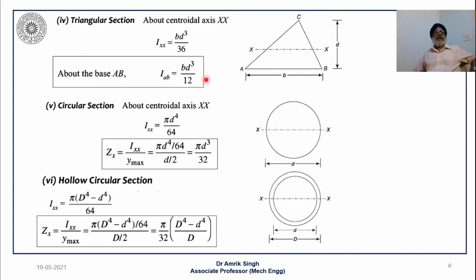So this we can calculate. Similarly for the circular cross section, we know about this, we can calculate. For a hollow section also we can calculate the outer circle moment of inertia and then subtract the inner circle moment of inertia.